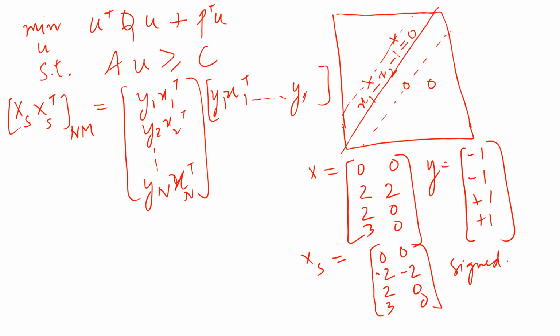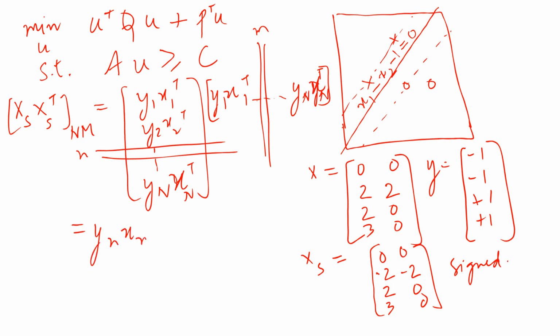So we have again yn xn, not transpose, right? So essentially getting the nth row here and the mth column here. Just to give you a quick overview, it will be my yn xn transpose times ym xm, right?